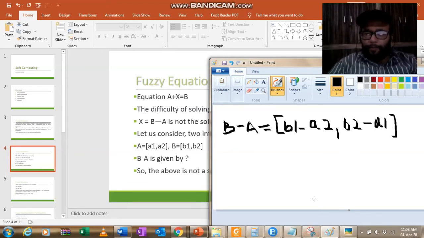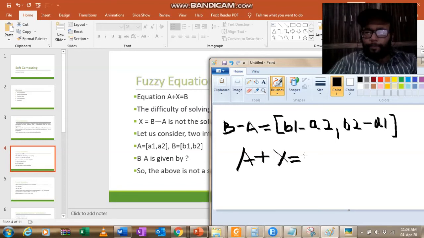Further, if we are doing b minus a, and the original equation is a plus x equal to b, here we can say that x equal to b minus a. So we will replace the value of x by b minus a.